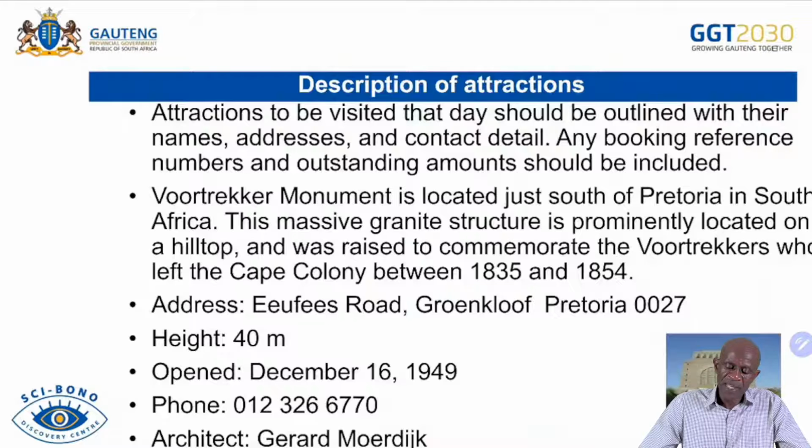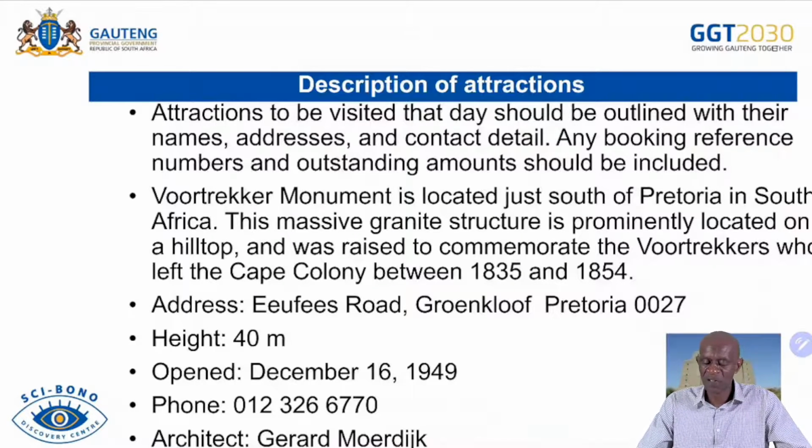For example, here we have the Voortrekker Monument, which is located just south of Pretoria in South Africa. This massive granite structure is predominantly located on a hilltop and was raised to commemorate the Voortrekkers who left the Cape Colony between 1835 and 1854.